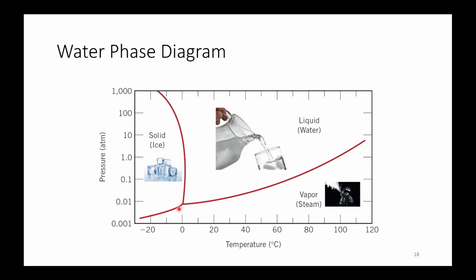So in this case, you are taking water and varying temperature and pressure. With the combination of these two, you can find out what phase will exist, whether it will be in solid state, liquid state, or vapor state.